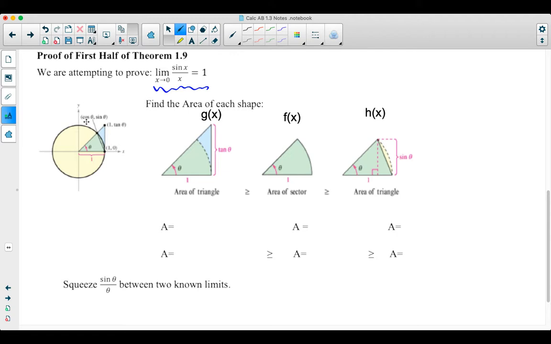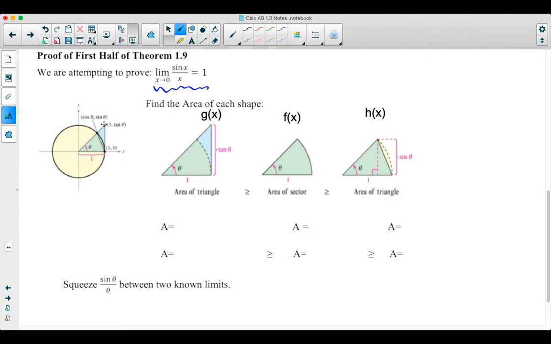Now, just to give you a little background here, since it's the unit circle, the radius is always 1, so that's why this point right here is (1, 0). Remember, any coordinate point on the unit circle takes on the coordinates cosine theta, sine theta. X value is cosine theta, y value is sine theta.